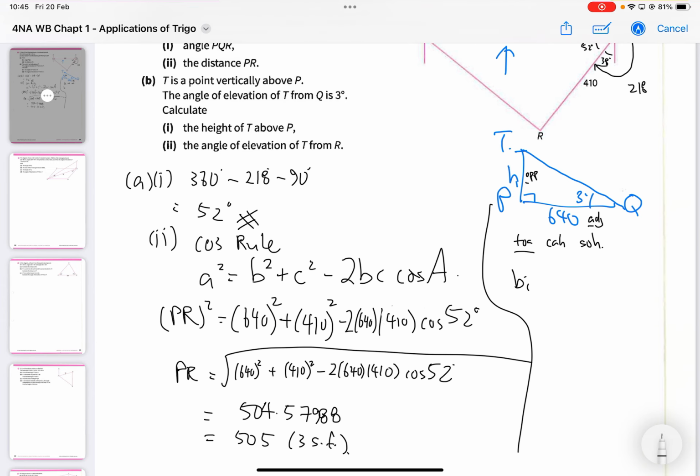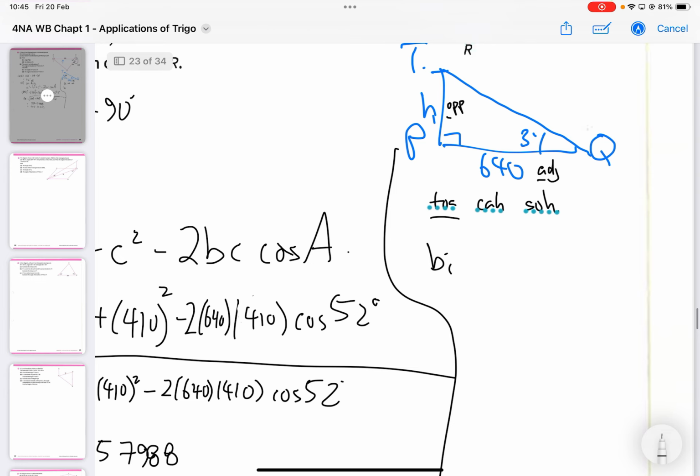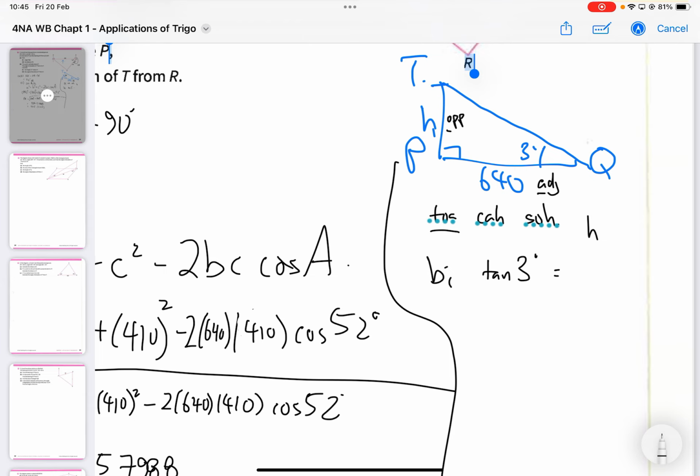Okay? So from there, part B1, I want to find the height. I will use tangent. Tangent of 3 degrees is opposite over adjacent. Okay? Tangent 3 degree is opposite over adjacent.